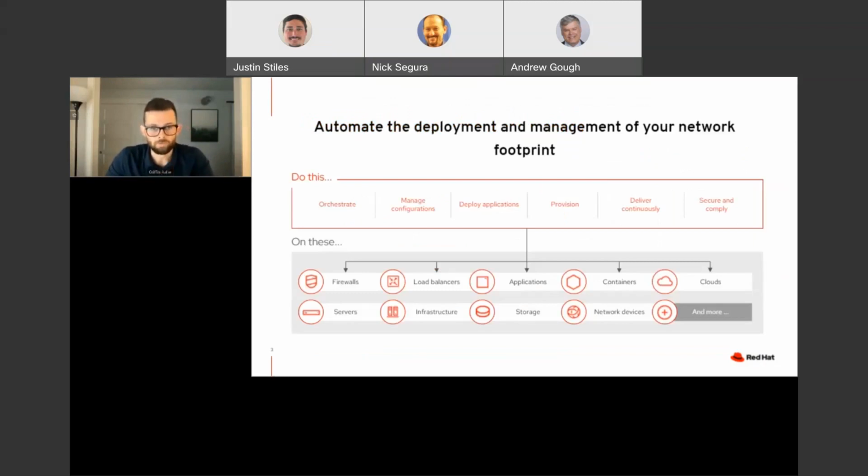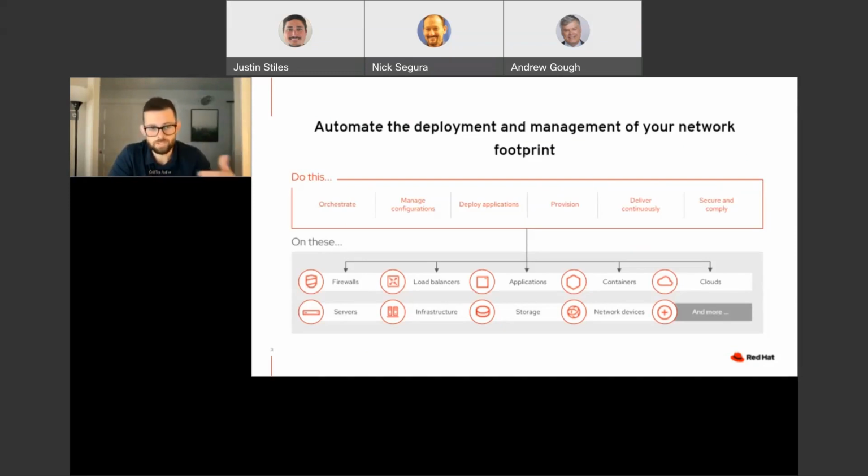If we take a deeper look at what increased levels of automation allows for, there are 6 common use cases we see that can be applied to a wide variety of network devices, applications, and infrastructure environments. But if you take a step back, the goal here is to provide consistency in how you operate. So if we take orchestrate, for example, you want to make sure that a service chain comes up in the right order. When we manage configurations, it means knowing that commands are going to execute predictably.